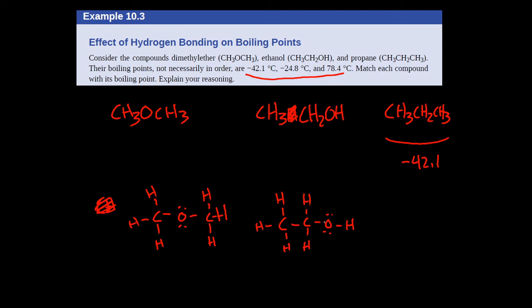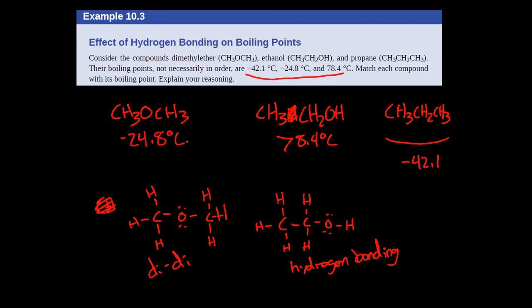But anyway, this molecule has hydrogen bonding, and the other one doesn't. This only has dipole-dipole. And so because this molecule has stronger intermolecular forces, this will take a lot more energy to break apart than this one.